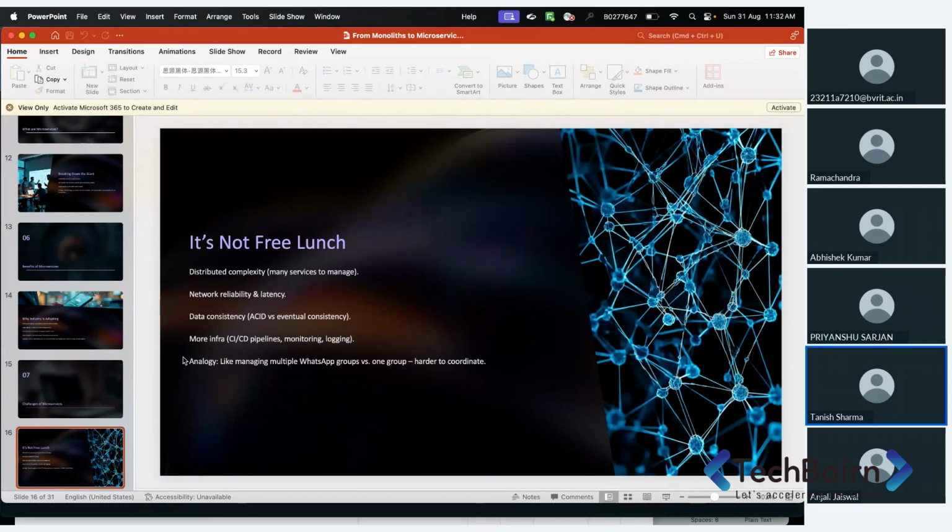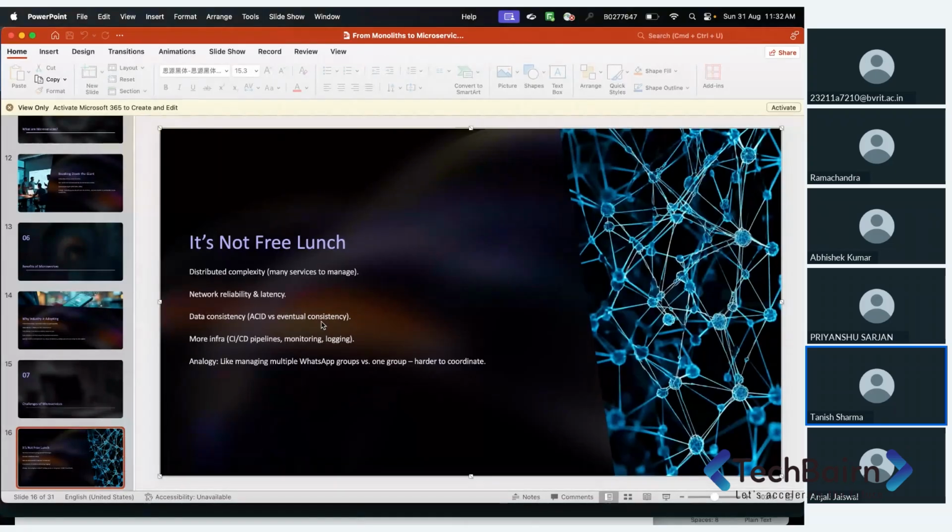right? And now if there are different services, they would be talking with each other at a high level. So network-related issues would come, and latency would also be there, because I already told you that different services can use different databases, right?